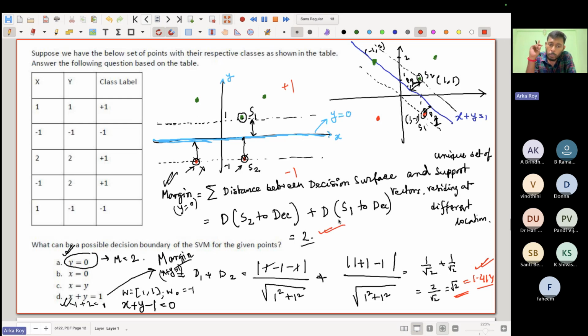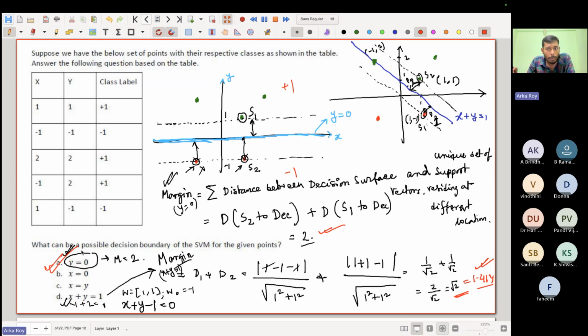So SVM will choose only that particular equation, decision surface, which gives you the highest margin. So over here, the highest margin is for y equals to 0. Therefore, y equals to 0 is the correct answer. This is the particular way that you have to think when you see any sort of SVM problem.